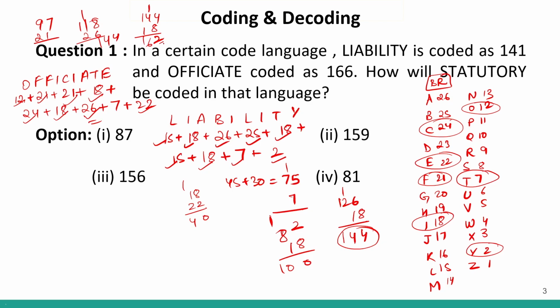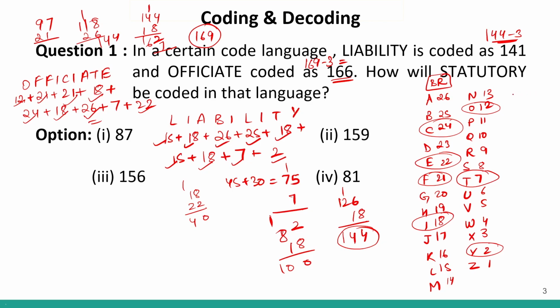And if I add 7 into this, this will be 169. Correct? So 169 minus 3 will give me 166. This was 144 minus 3. So basically sum of backward ranks minus 3.